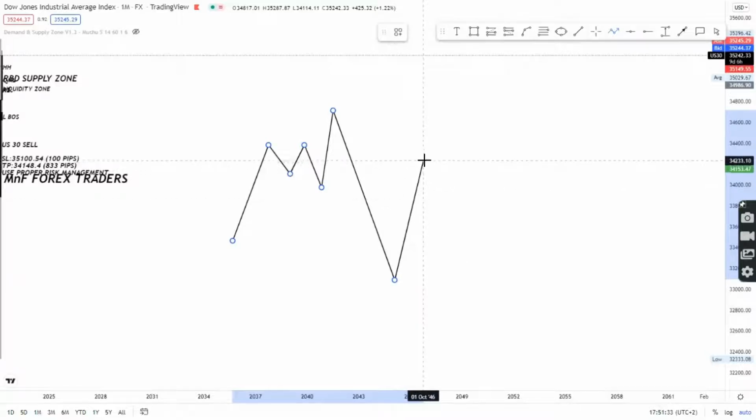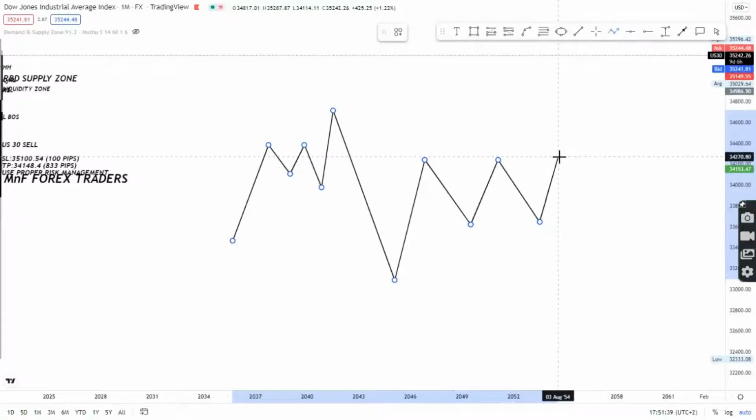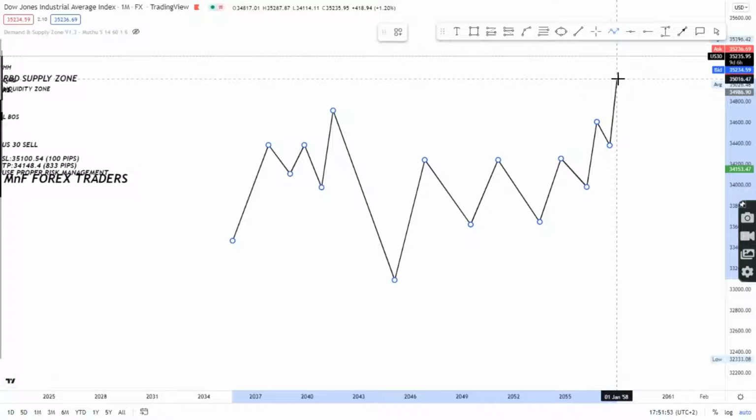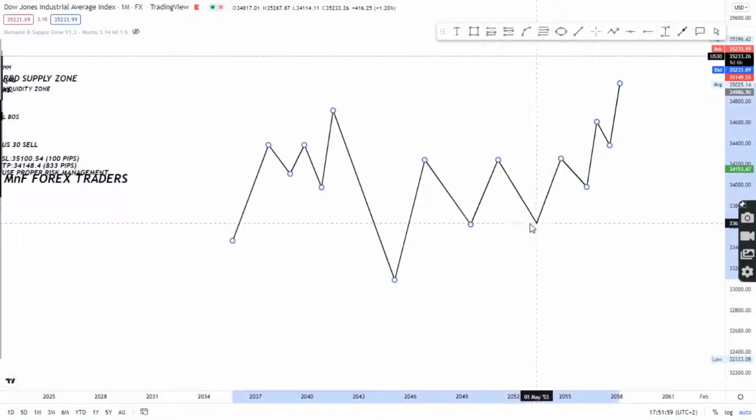Then the market came to this level with multiple resistance, pushed and tapped into our zone, dropped a little bit, and then went to the upside, and that's how we lost this particular trade. So let me show you exactly what happened.